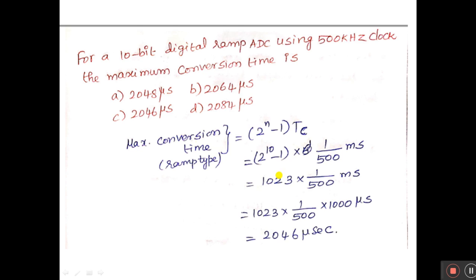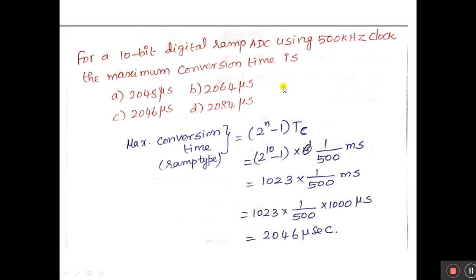Here the frequency is given as 500 kilohertz, so the time T is 1 by 500 kilohertz, which is 1 by 500 millisecond. So 2 power 10 minus 1 is 1023, into 1 by 500 millisecond. The answer is required in microseconds, so I multiply by 1000, and I get 2046 microseconds.